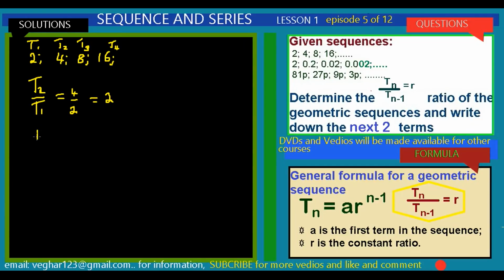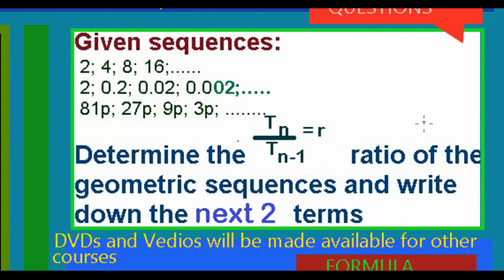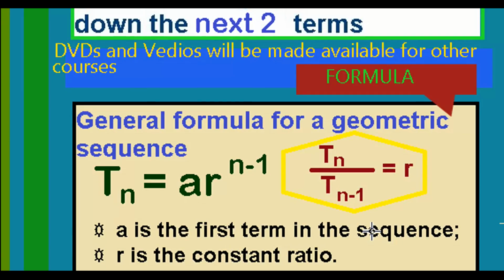Proving this with term number 3 over term number 2: term number 3 is 8, so you write 8 over 4, and you have 2. Now you know the ratio. We have to use the equation to find the next two terms.